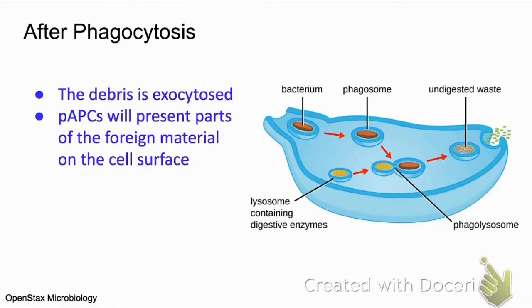The other possibility is that if this phagocyte is what we call a professional antigen-presenting cell, then it will take parts of this microorganism and present it on the surface of the cell. This is used as a way to activate the adaptive immune response. And we'll talk about the role of professional antigen-presenting cells and their activation of B cells and T cells in later lectures.